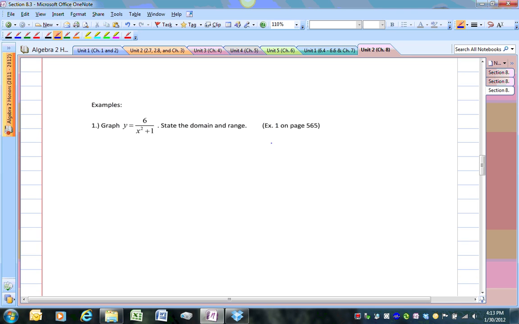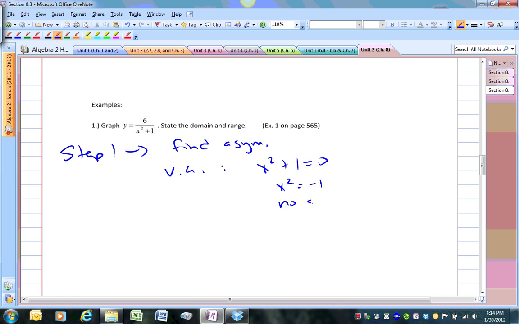So examples. Let's graph this one here and state the domain and range. First step will be to find your asymptotes. So the VA: there's no real solution for this, so there's no VA.